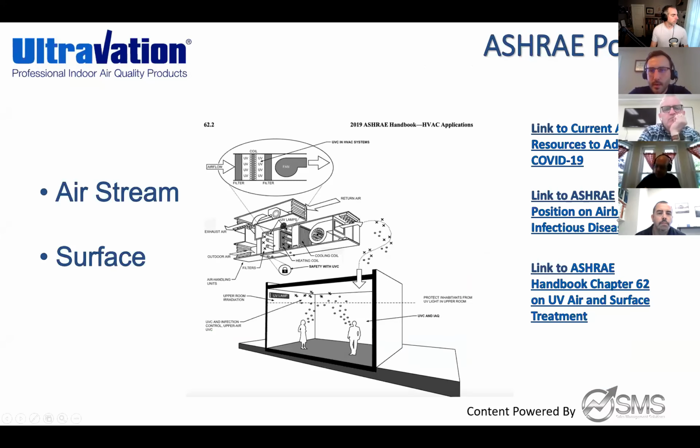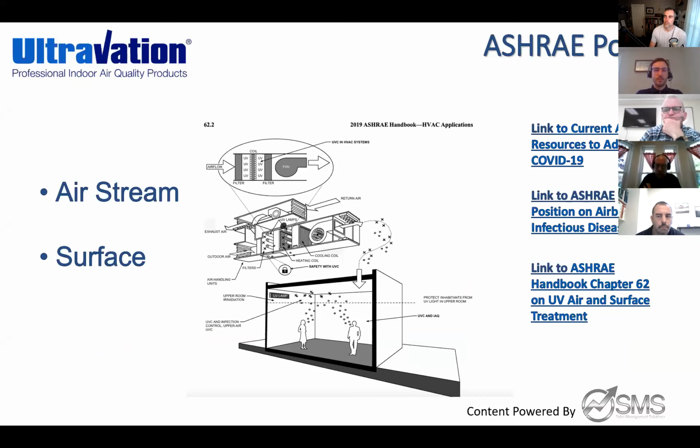So we did speak about ASHRAE's position. I won't get into each of these individual articles because it is quite a bit to read, but I will send you guys these links after our presentation today so you guys can dive into these. But basically what it is saying, ASHRAE's recommendation is that you use UVGI technology to treat for bacteria and viruses in the airstream and on surfaces.